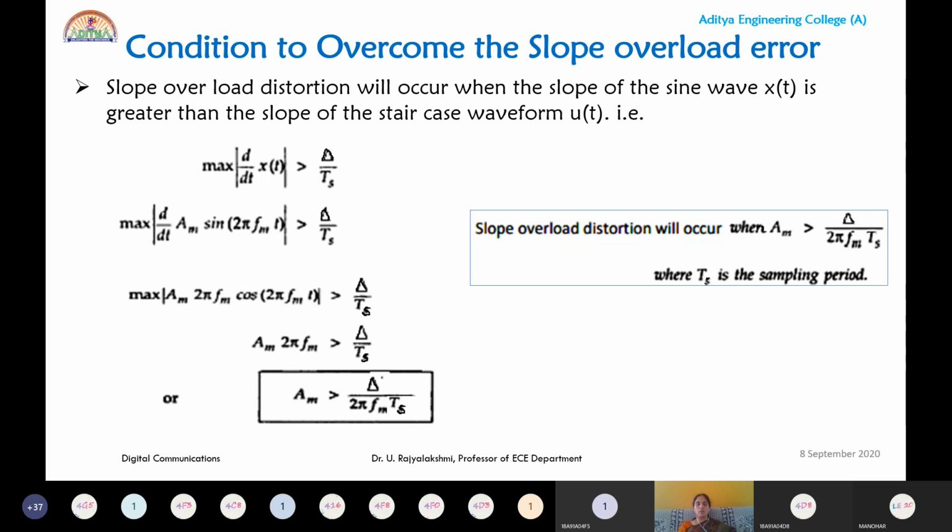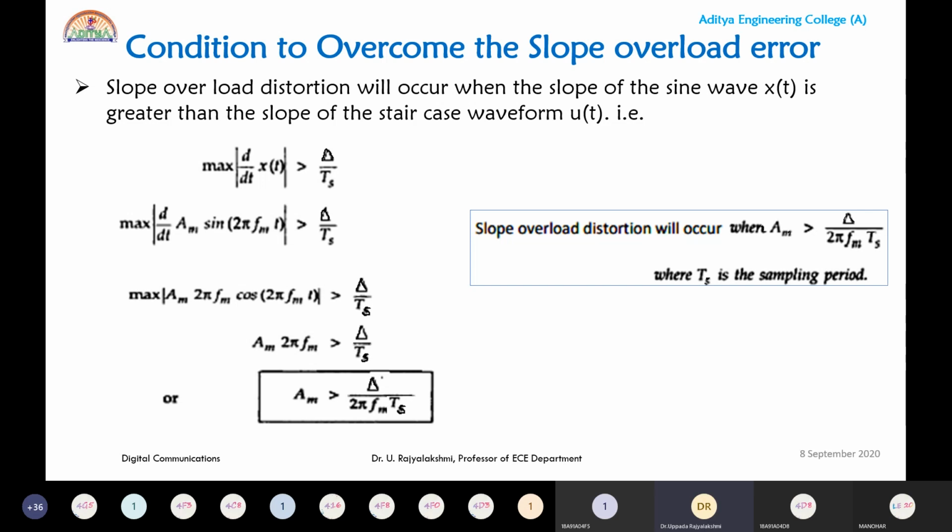Please calculate dx of t by dt. We already assumed x of t as Am sin 2 pi fm t. Please take the derivative of the left hand side part. It is greater than the slope of u of t. What is the slope of u of t? It is delta by Ts.